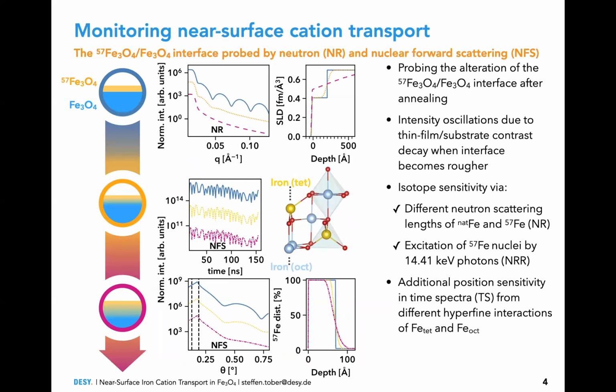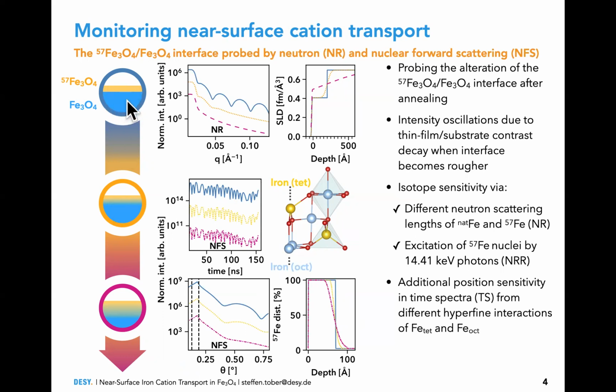To study the near-surface cation transport, we used a model system like this. So we've homoepitaxially grown an isotopically labeled iron-57 magnetite thin film on top of a natural magnetite substrate, and then annealed our sample to blur the interface between the thin film and the substrate.